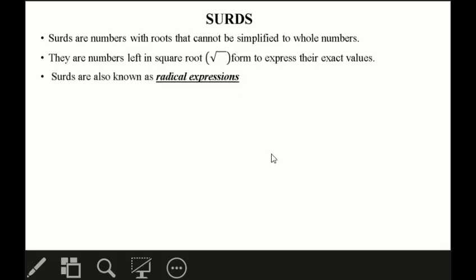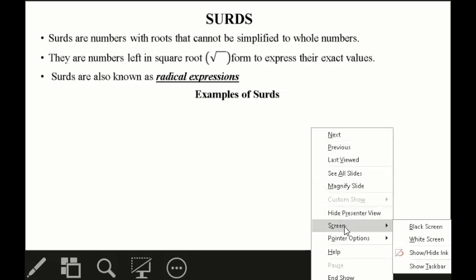And one other way we can term a set is that sets are radical expressions. So whenever you have an expression which cannot be simplified further in the form of a root sign, then we term it as radical expressions. Good.